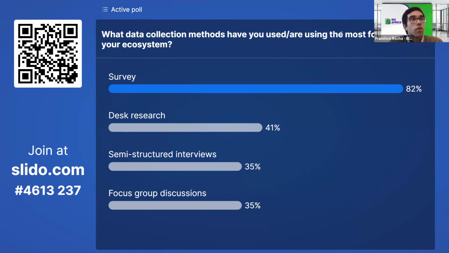So yes, it's one of the methods that I would say is the most immediate method that can be used as a starting point, mainly to have an overview of the ecosystem. Of course, if we want to get more into detail, other types of data collection, such as the survey, the interview, the focus group discussion, provide more specific information and go also more in line with the objectives that we have defined, for example, in step 1.